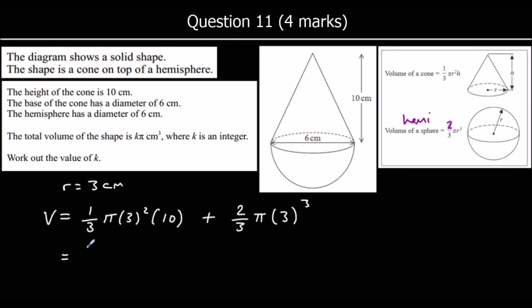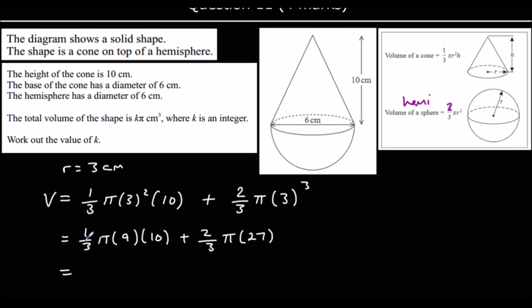So 3 squared is 9, and 3 cubed is 27. 1/3 times 9 is like 1/3 of 9. Times means of. 1/3 of 9 is 3. 3 tens are 30.